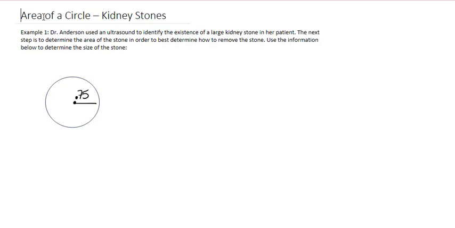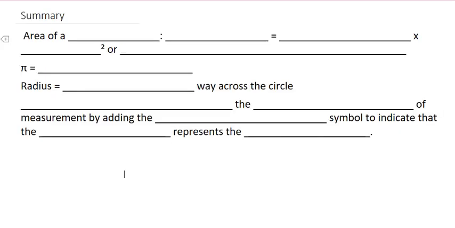So in order to answer this scenario, we're going to need to know the formula for finding the area of the circle. So the area of a circle equals area equals pi r squared, or also shown as this.